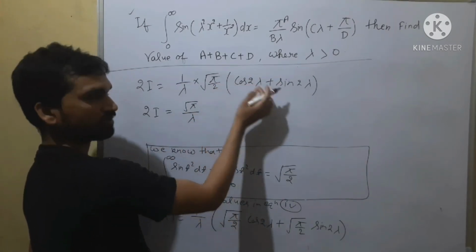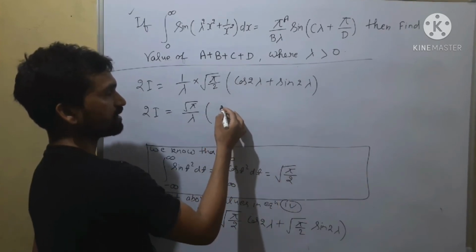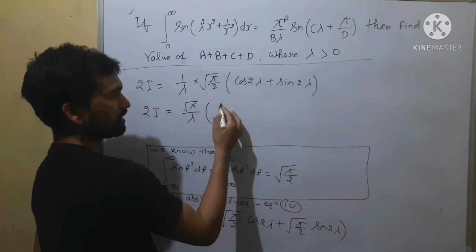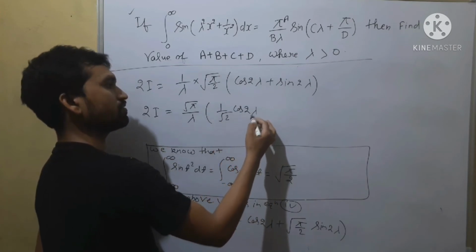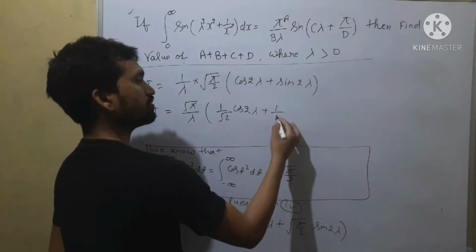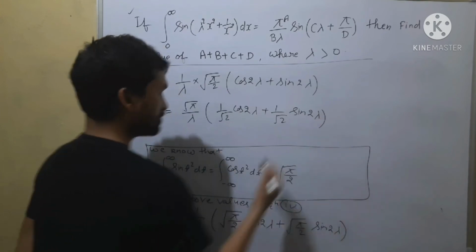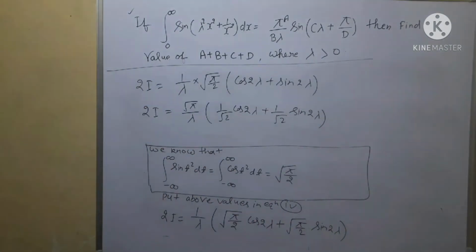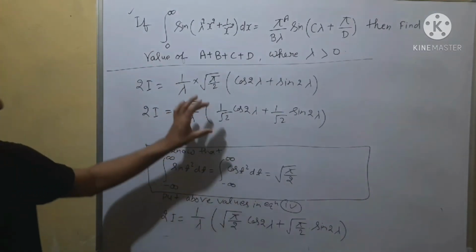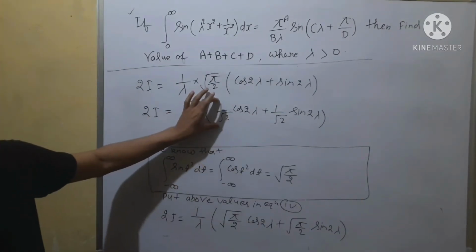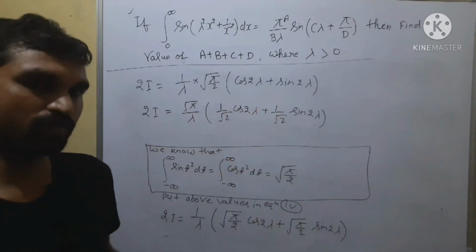Here 1 by root 2, we will take 1 by root 2 inside of the bracket, so we can get it as 1 by root 2 cos of 2 lambda plus 1 by root 2 sin of 2 lambda. Okay, we have taken 1 by root 2 inside the bracket because it is sin of pi by 4 and it is cos of pi by 4.